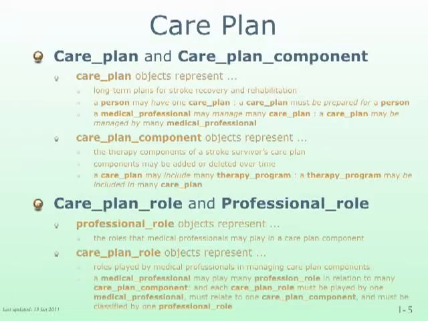A medical professional may play many professional roles in relation to many care plan components, and each care plan role must be played by one medical professional, must relate to one care plan component, and must be classified by one professional role.